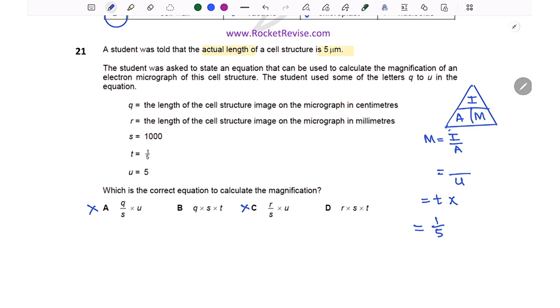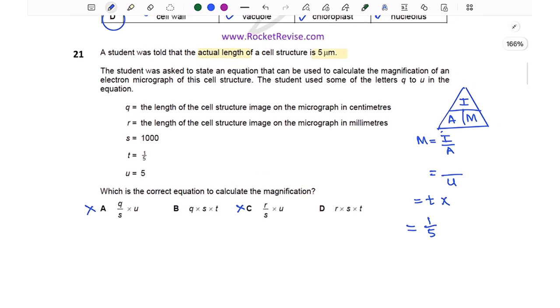Now what's the image? The image of the length of the cell structure image on the micrograph in centimeter, and the same thing in millimeter. So yeah, now you need to know which option you're going to pick. So since our actual length is 5 in micrometer, we need to keep our image length also in micrometer. So centimeter to micrometer conversion and millimeter to micrometer conversion. Remember that centimeter to micrometer, you're going to need 10,000.